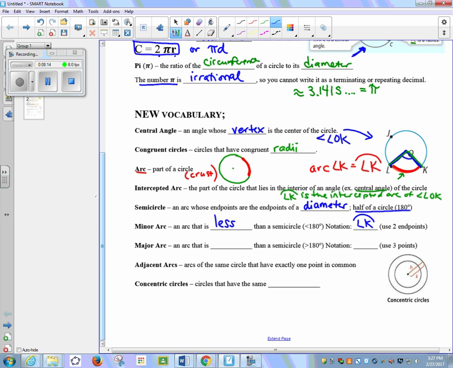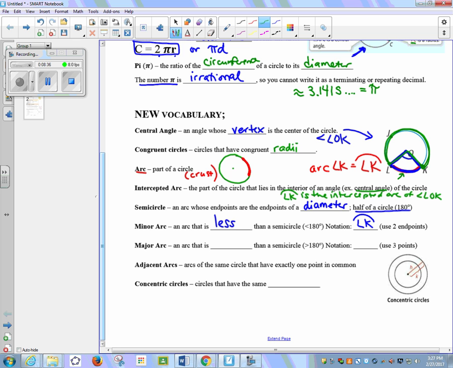So L to K is the minor arc. We go straight from L to K, the shortest distance. If we want to go the long way from L to K, we might start at L and go around through J and end up at K this way. See what we're doing here?